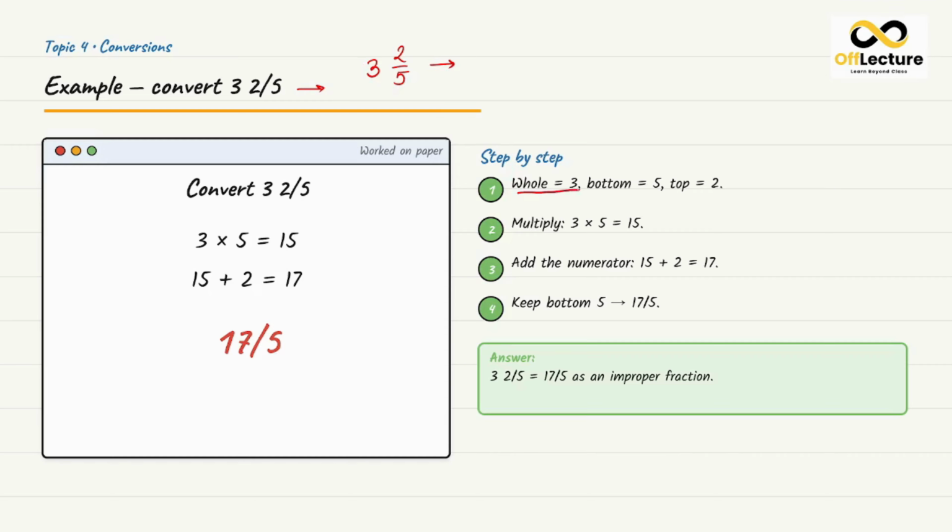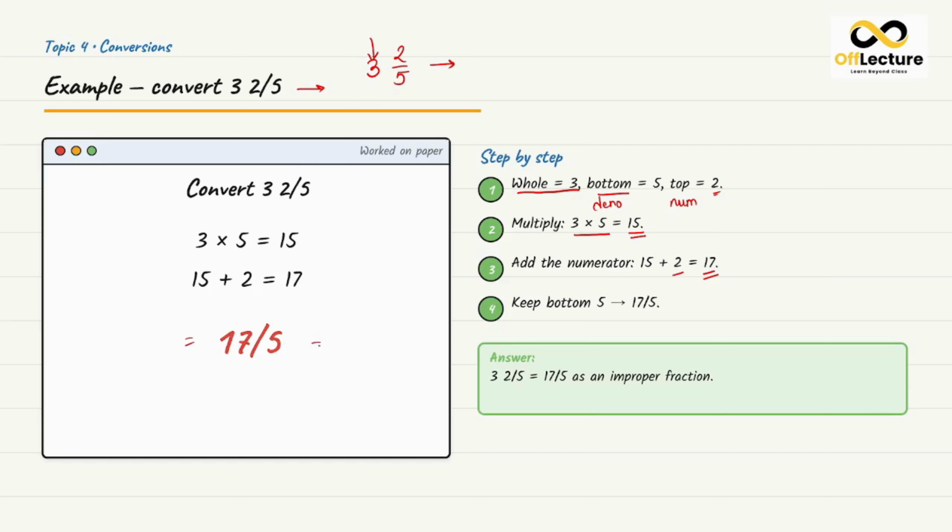There are three wholes, the denominator is 5, and the old numerator is 2. We multiply the whole with the denominator first, and to this number we add the old numerator, 2, to get the final number, 17. We keep our denominator as it is, so my improper fraction becomes 17 by 5.